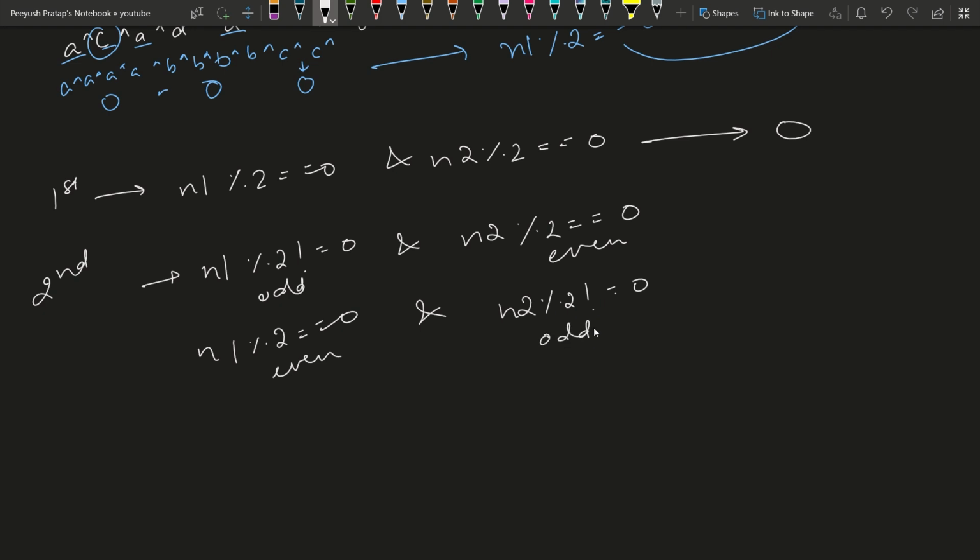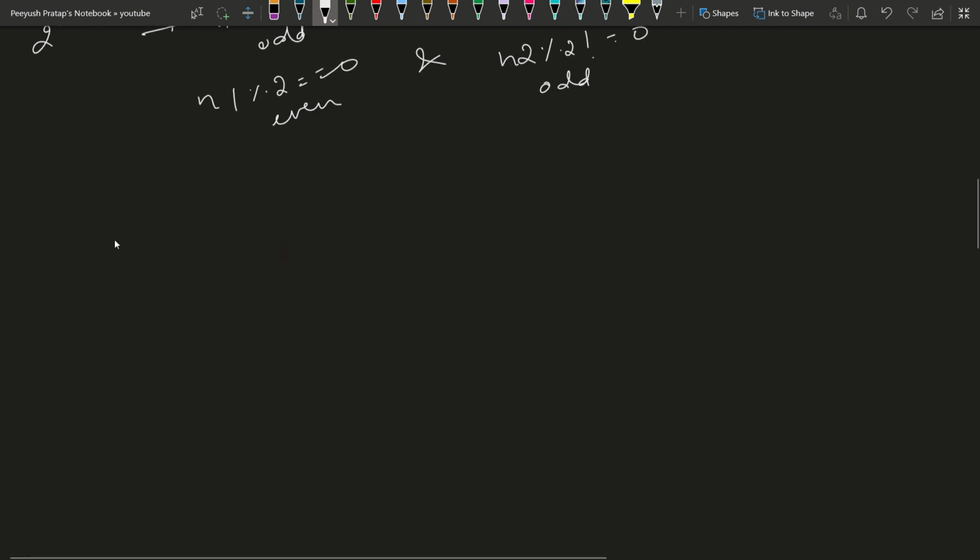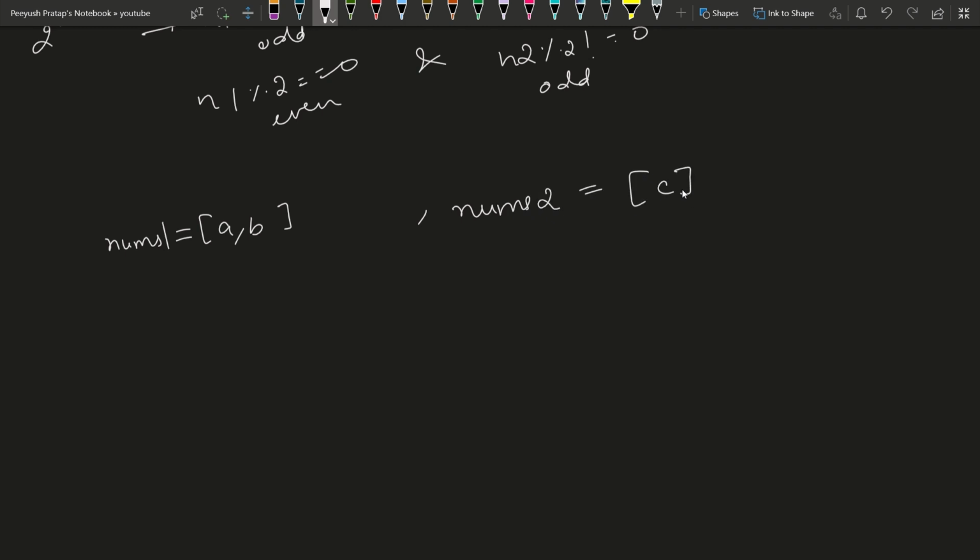What happens in this case? Let's see. Again, nums1 I am taking as A and B, and nums2 I am taking as C. So here the length is what? Even 2, and the length is 1, that is odd.